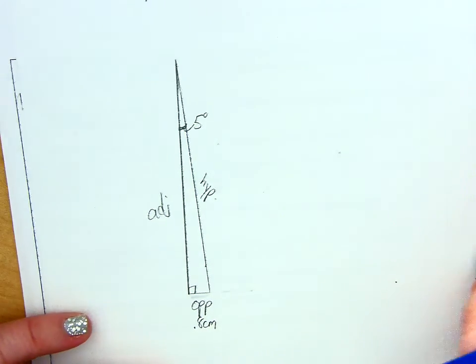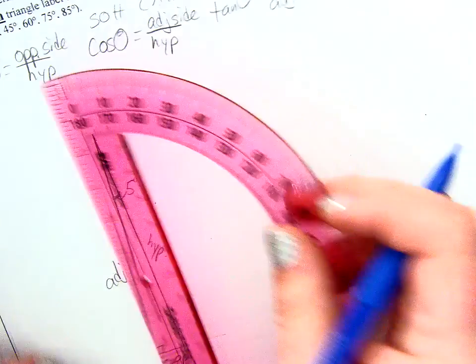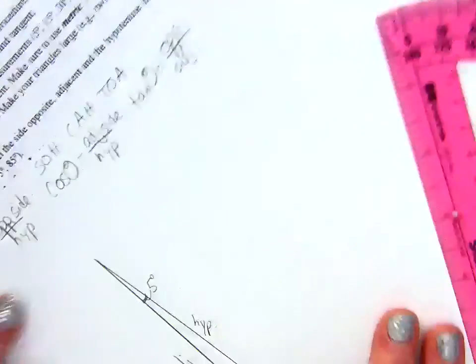Here's where the cool part comes in. I guess I'll do one of them for you. Let me measure my hypotenuse. Let's see how accurate I did. I've got 8.9 for that one.